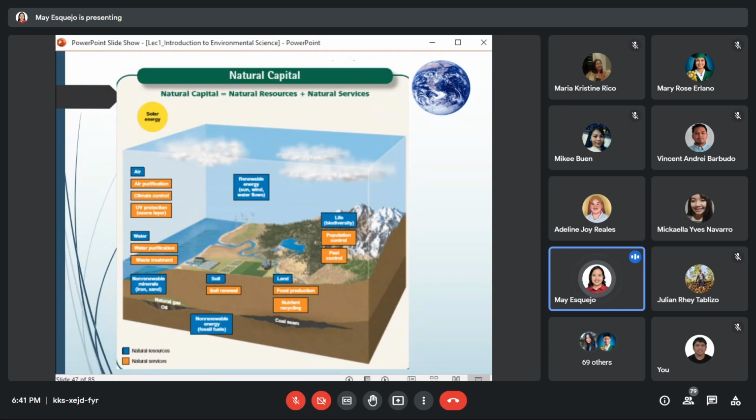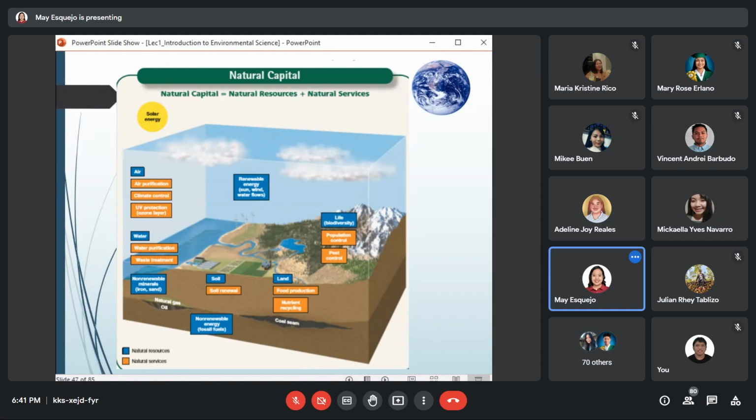So, here you can see a diagram and then the natural resources and services are labeled so that you can identify properly. I hope you can see sa mga phones nyo or laptop, no? The blue labeled, those are the natural resources that are available in the environment, given by the environment. We also have the orange. These are the processes or services that are happening in the environment.